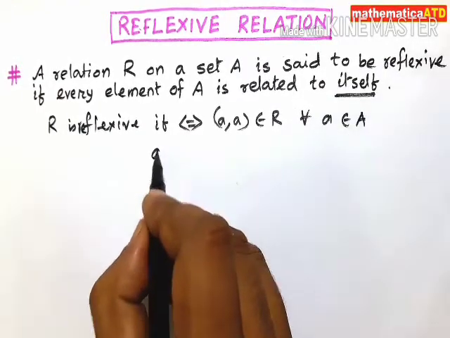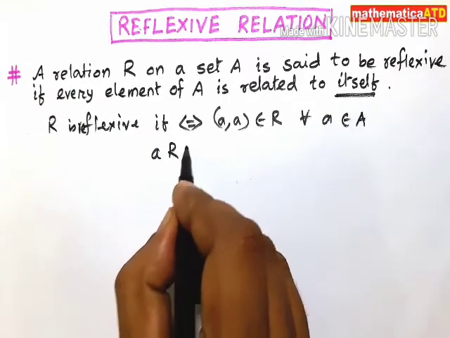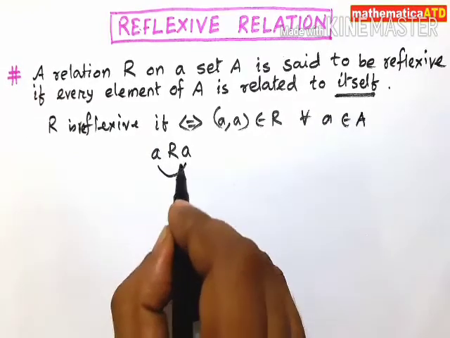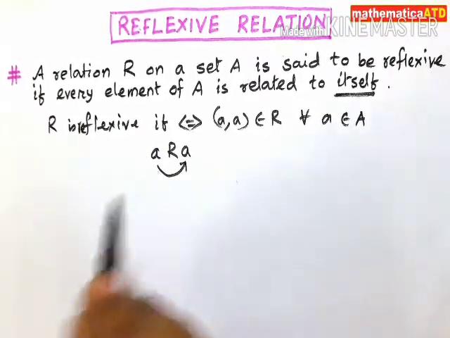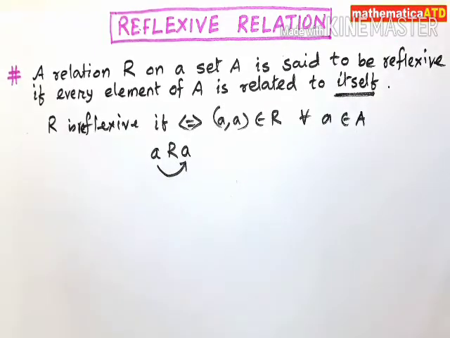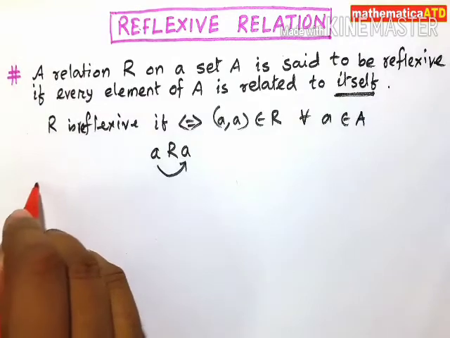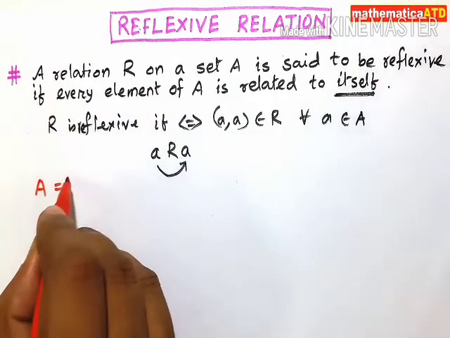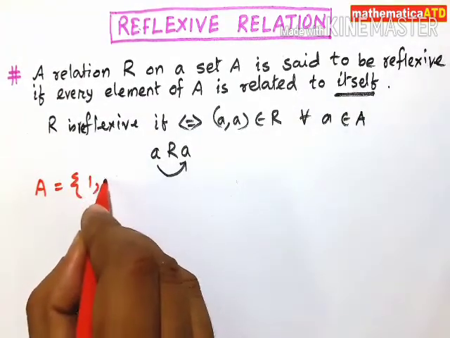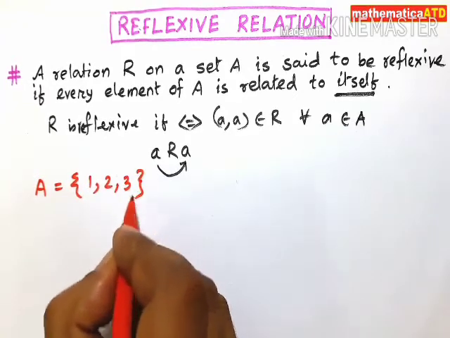That is, a is related to itself: a R a. Now one example we want to show here. Suppose we consider a set capital A which contains 3 elements 1, 2 and 3.